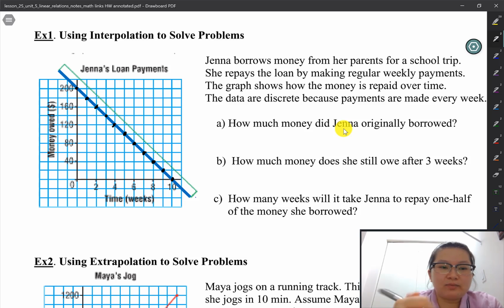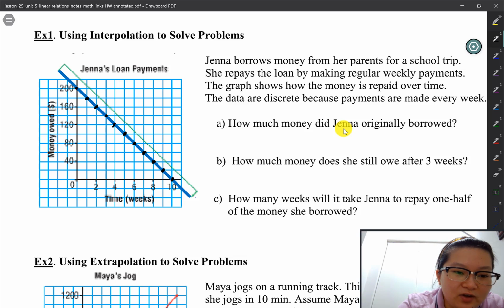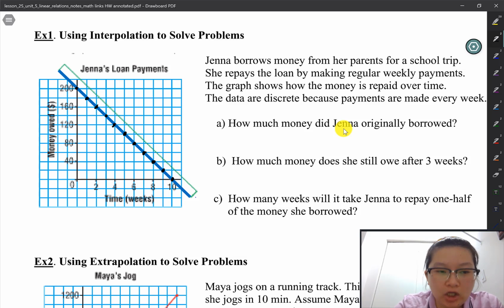The rate at which she pays money, if you take a look, is every week she drops down 1 box on this graph. Going from 200 to 160 is 2 boxes, so 1 box is halfway, 180. So 200 to 180, that's $20. Every week she is paying $20.